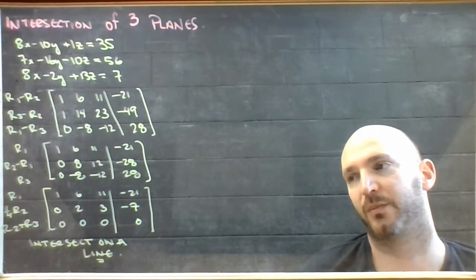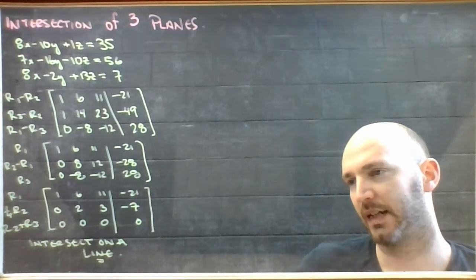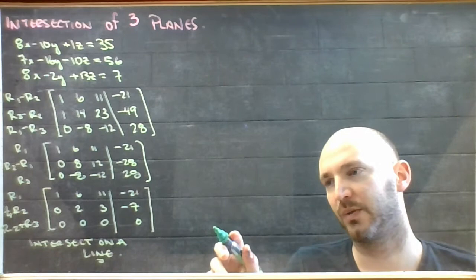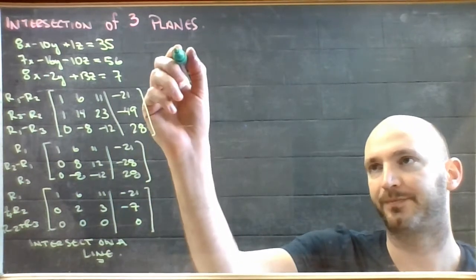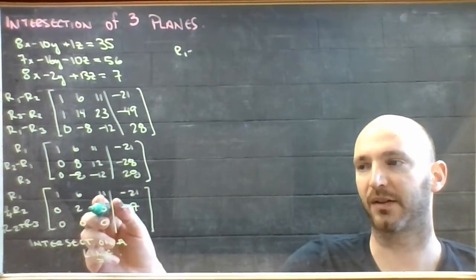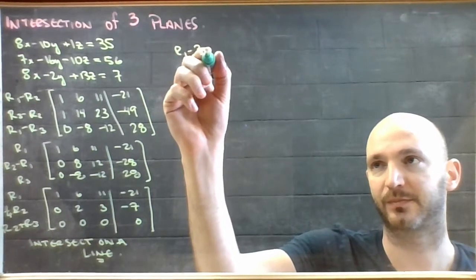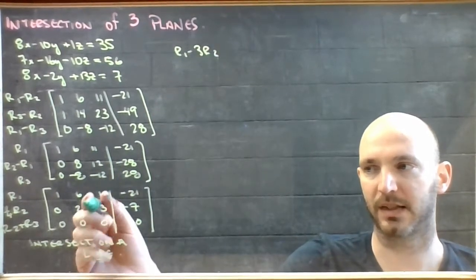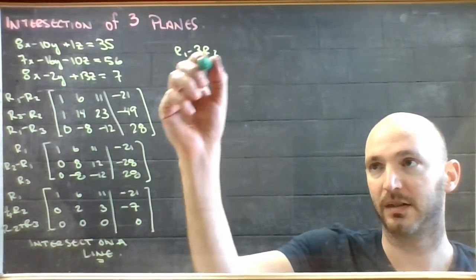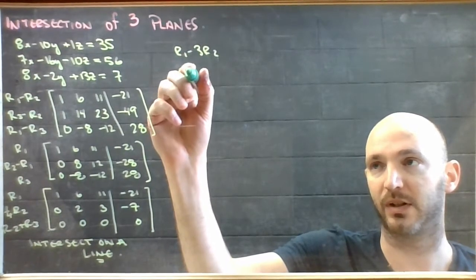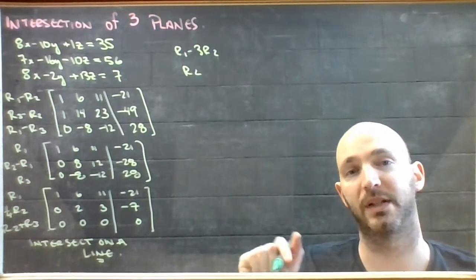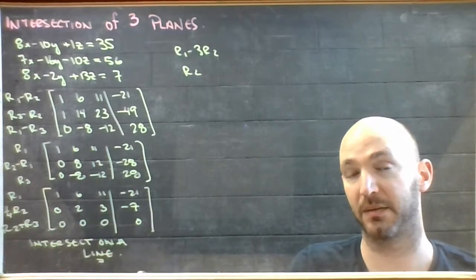Okay, so just looking at that, I'm going to take R1 and I'm going to subtract 3 of R2 because that would eliminate my y's here. I'm going to leave R2 alone, and then there is no point in writing R3 because it's been eliminated.